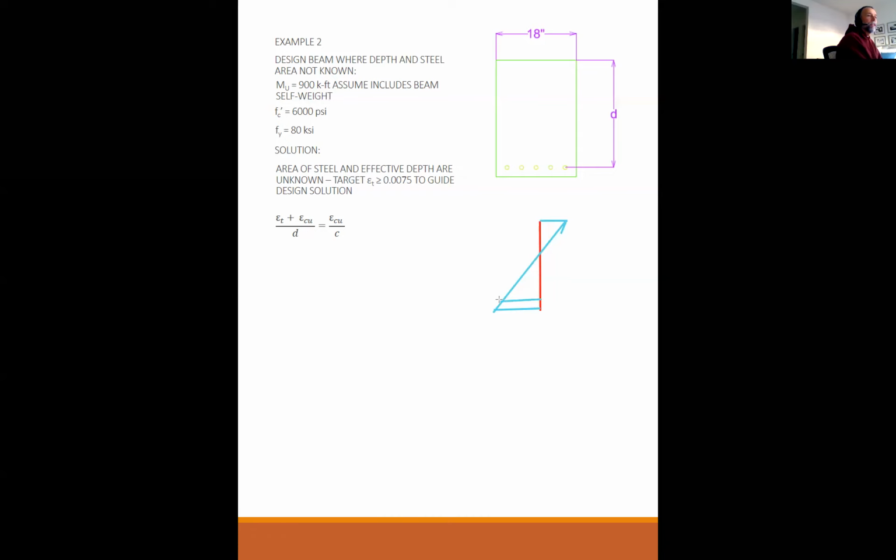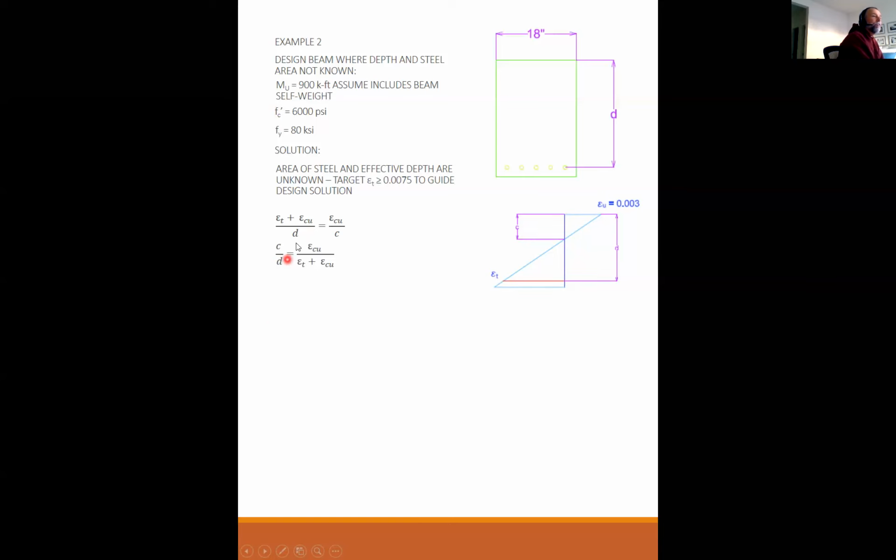Epsilon sub t is right here. This distance is d, and this distance is little c. So that's where this comes from. And there's what I just drew. So we use similar triangles. d is to the steel, c is to the neutral axis, and we're looking for epsilon sub t.